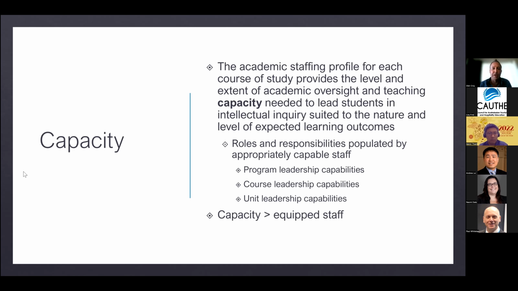What accreditation would ask is, do the people within these roles and responsibilities have the capacity to undertake them? This is generally demonstrated within accreditation processes through the staff CV matched to the position descriptions for each of these roles.